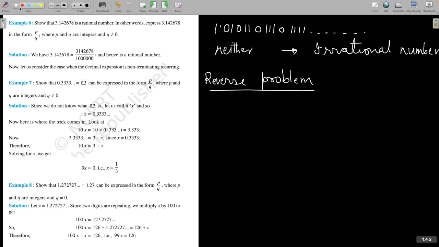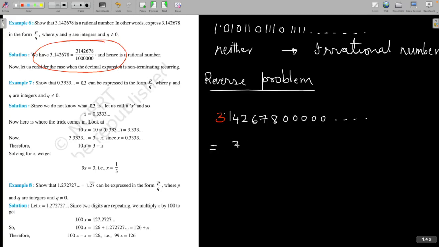The reverse problem is that I'll give you a terminating decimal. So I'll just use the example straight away. So here is a terminating decimal. Can I make it a fraction? This is very easy. Here's the example: 3.14268 is a terminating decimal, which means that the remaining decimal values are all 0.